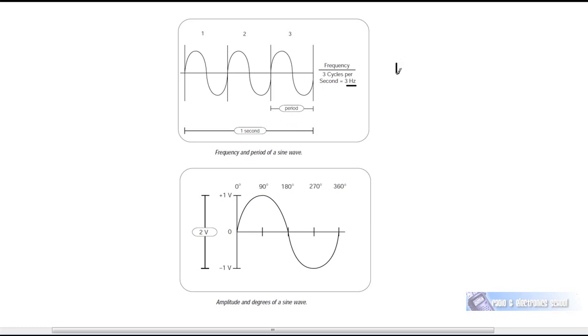So if you want to know the period, that is the duration of 1 cycle, the period equals 1 over the frequency. So the frequency in this case is 3 cycles per second. So if we want to know the period in seconds, it's 1 over f, which is 1 over 3, which is 1/3 of a second.